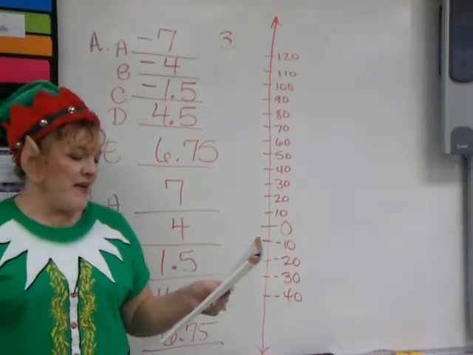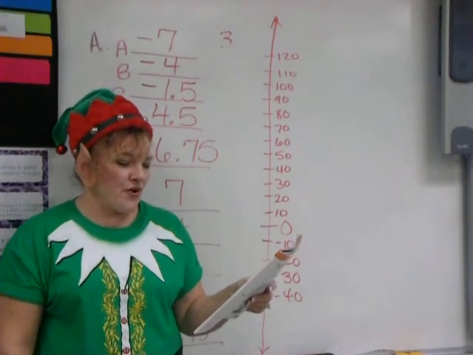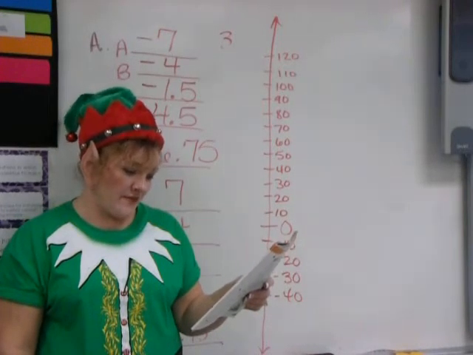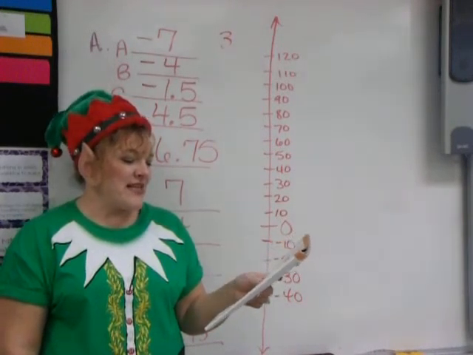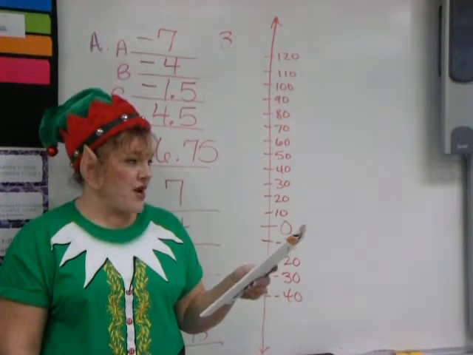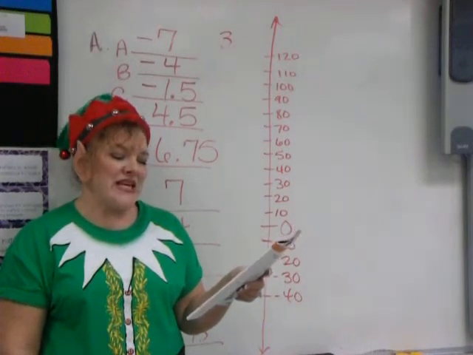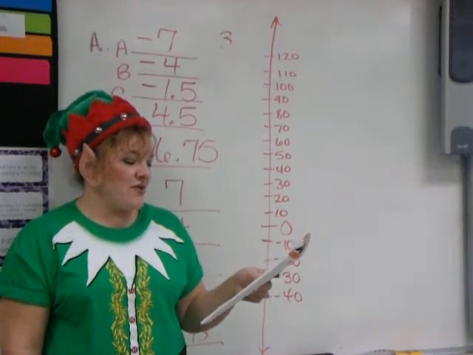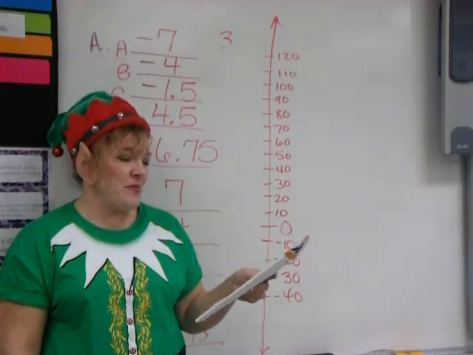A thermometer can be thought of as part of a vertical number line on which values above 0 are positive. It wants you to sketch a thermometer, a vertical number line, and place the following temperatures on it. It does say to explain how you decide where each temperature should be placed.